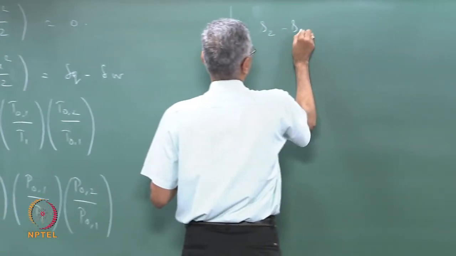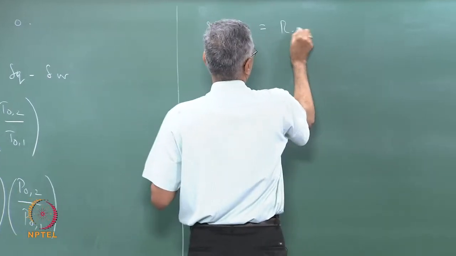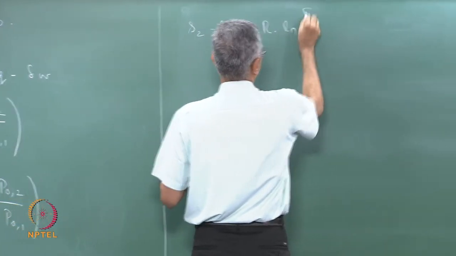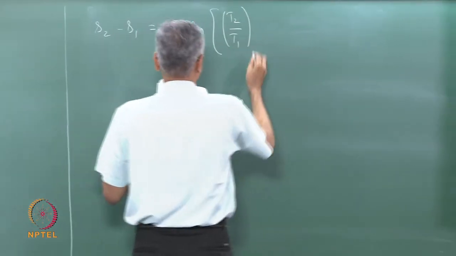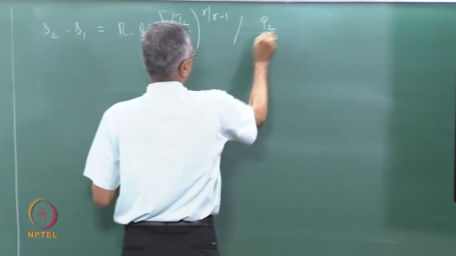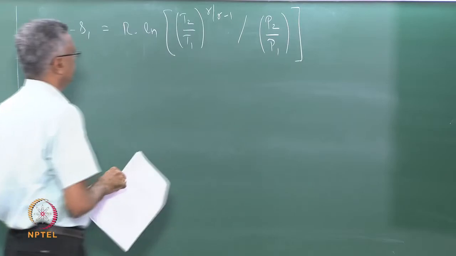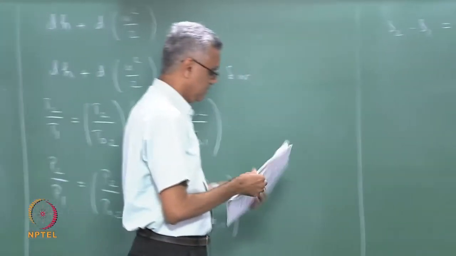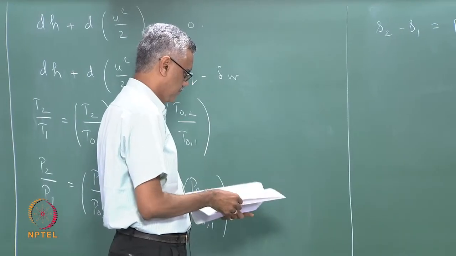Now we calculate S2 minus S1 is equal to natural log T2 over T1 to the power gamma over gamma minus 1 divided by P2 over P1. Notice that all I have done here is rewritten the earlier equation that we wrote down.